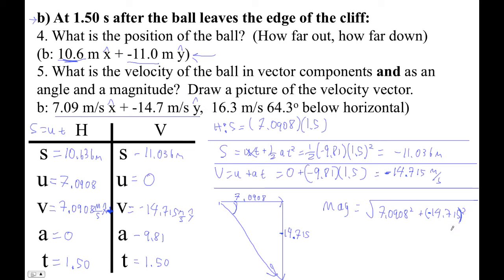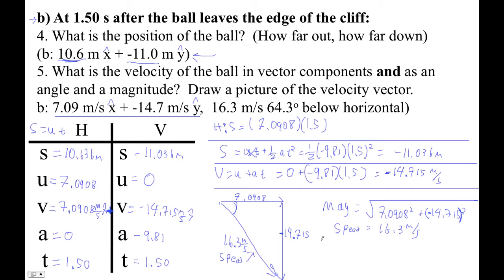So square root of 7.0908 squared plus 14.715 squared. Okay, 16.3 is my magnitude here. That, by the way, is the speed. 16.3 meters per second. The magnitude of this is the speed of the thing. Don't forget that. It's not this, it's not this, the hypotenuse is the speed.